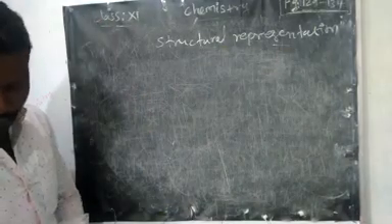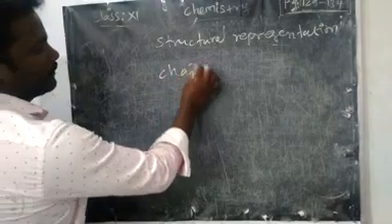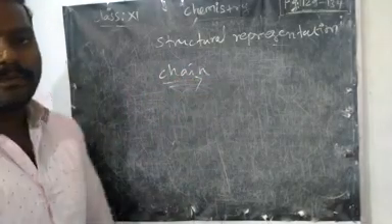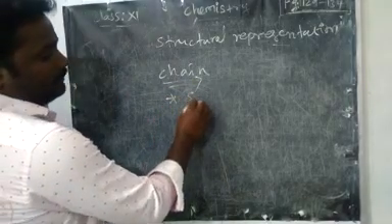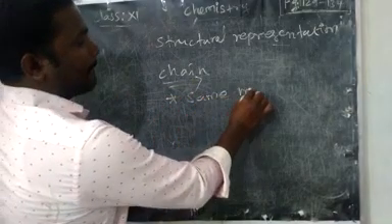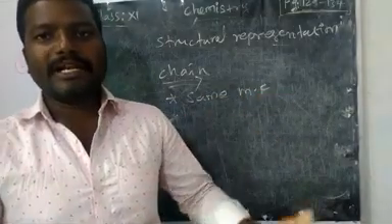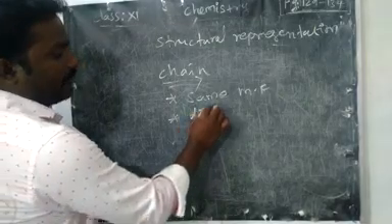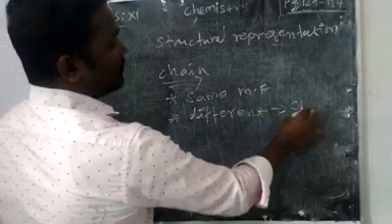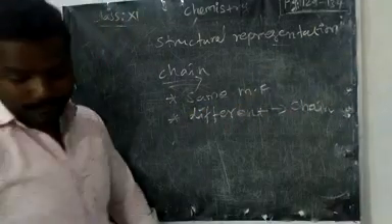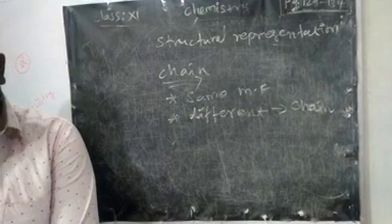First, chain isomerism. What is chain isomerism? Compounds having the same molecular formula but a different arrangement of the chain. If you see the example, you can easily understand.